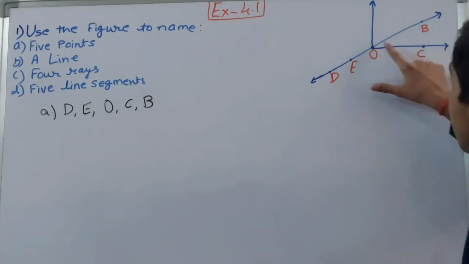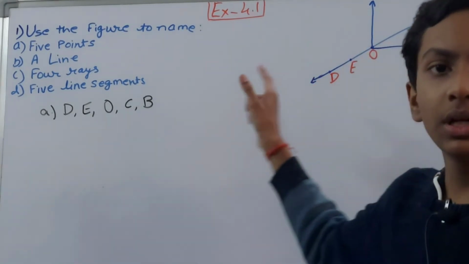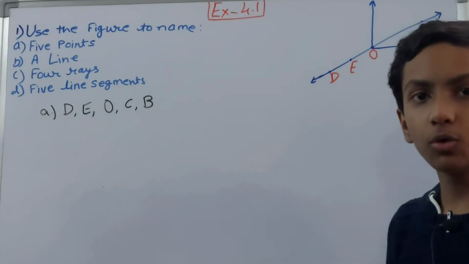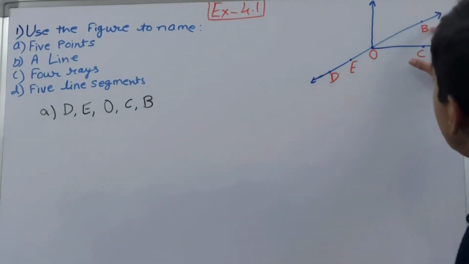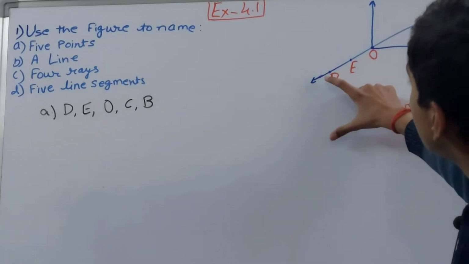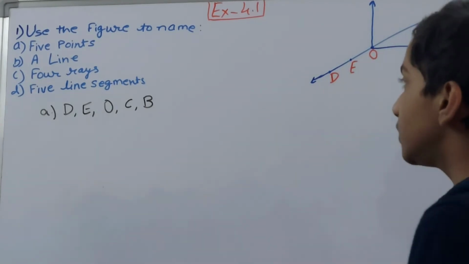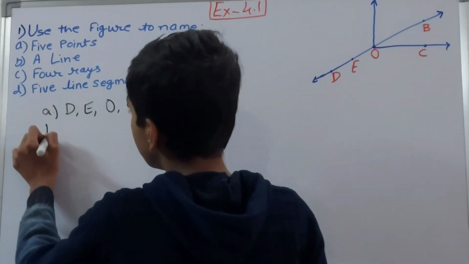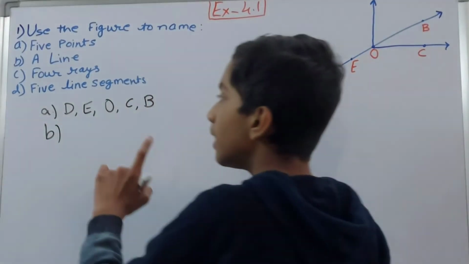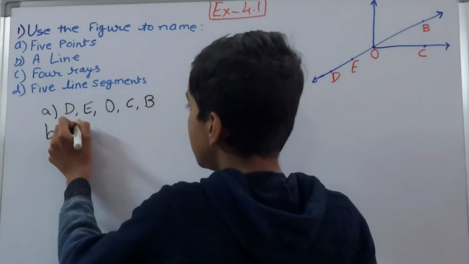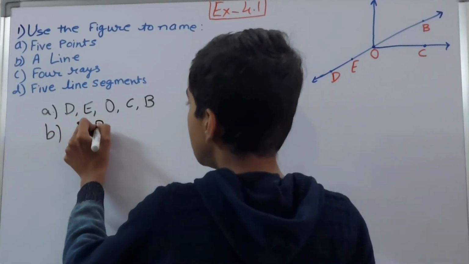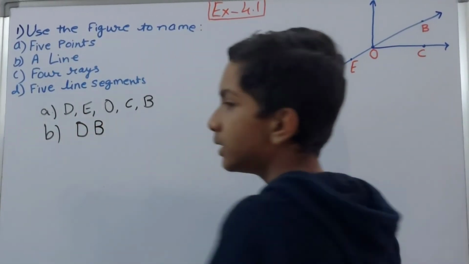But OC has only 1 point here, so you cannot extend it from O. If you see closely, from D to B, that is a line. So you will write the points together, and it will be the line DB.